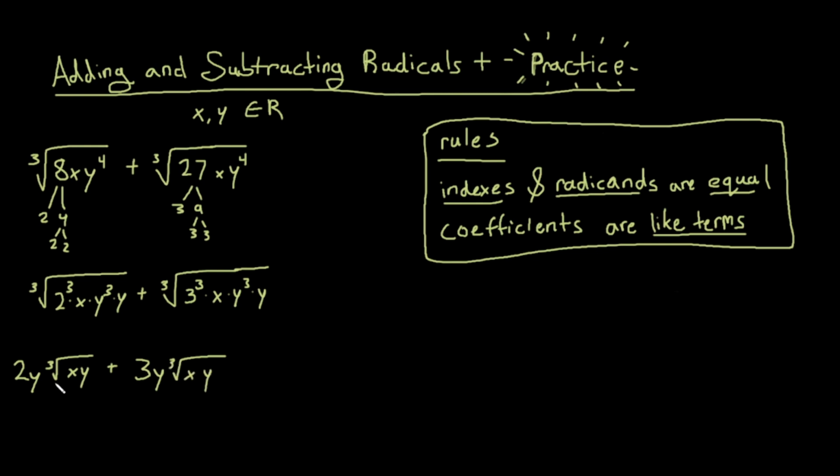Now, both our indexes are the same, and both our radicands are the same, and our coefficients are both like terms since they both have the same variable, the same power, so we can simply add this to be 5y cube root xy.